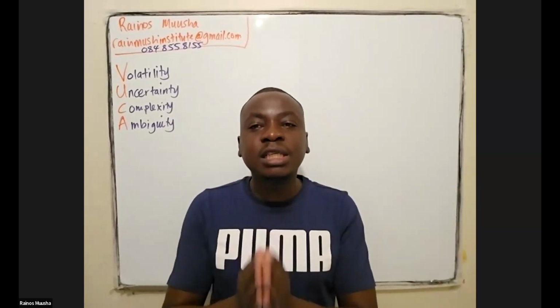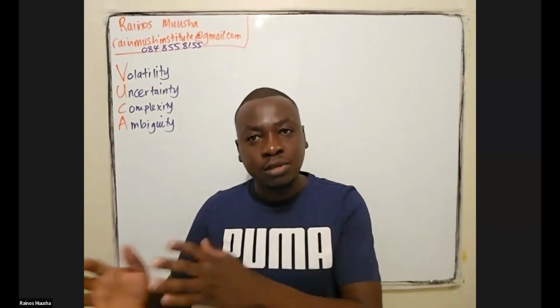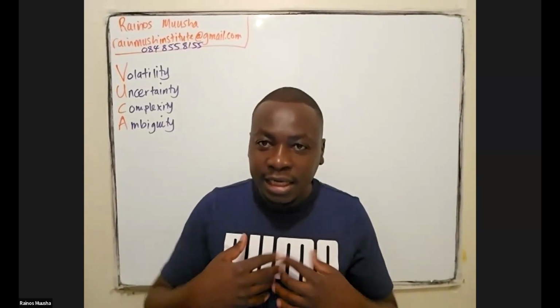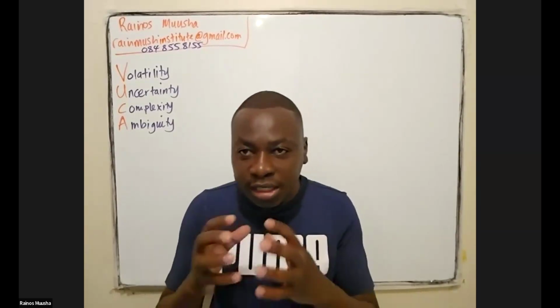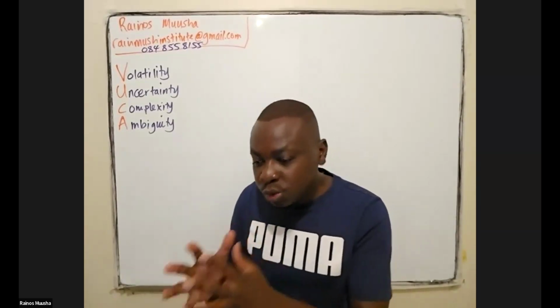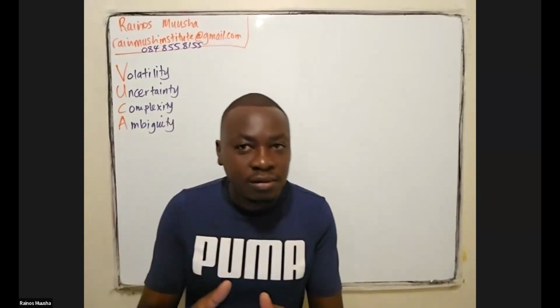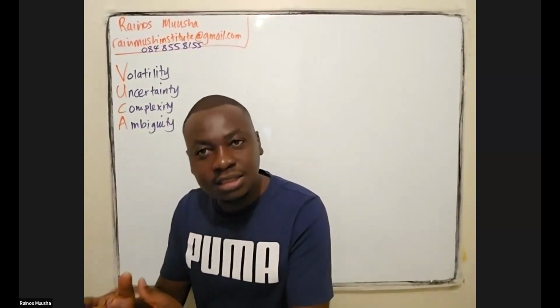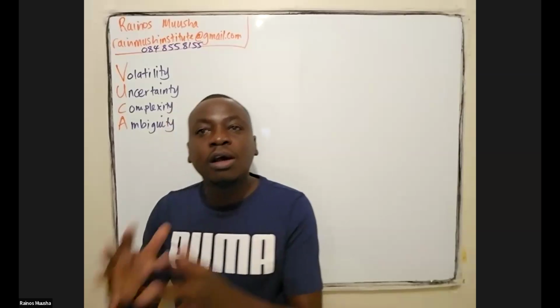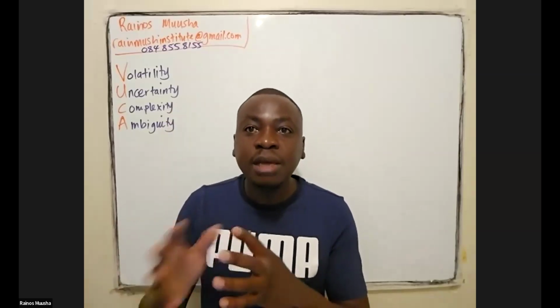So it's not necessarily a case where you expect all the letters of the acronym to be relevant. You need to understand the particular situation being discussed. Can we say this is a situation that is volatile, or having uncertainty, having complexity, or having ambiguity? You need to be able to.